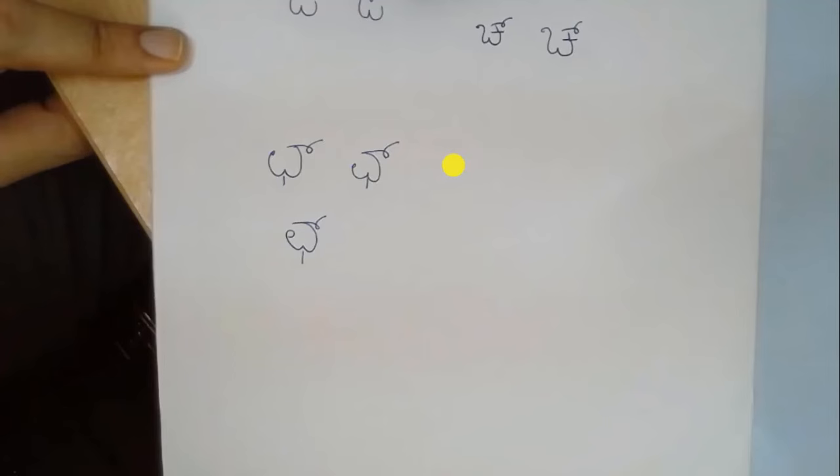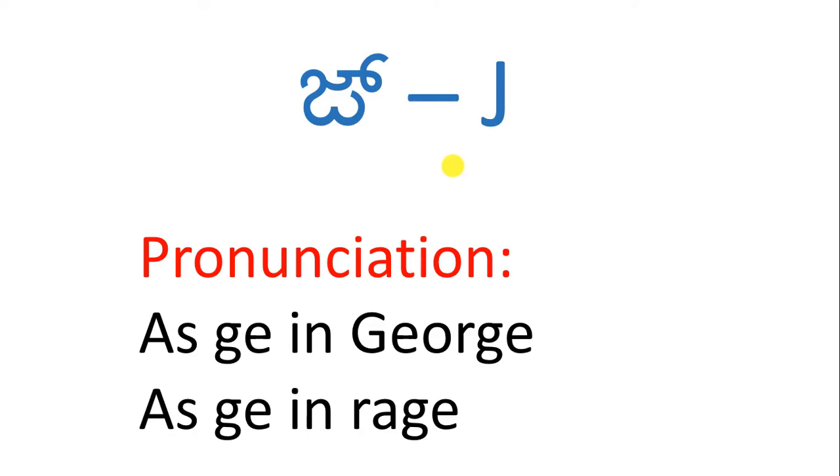Okay, so that is how we write it. The next root consonant is j. The way we pronounce j is as ge in George. So we pronounce this small ge as j.